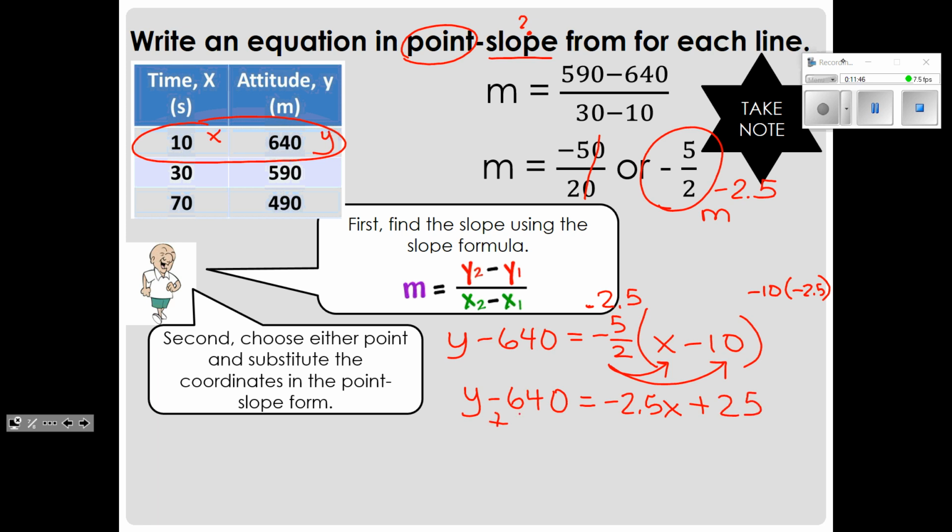Then we add 640 on both sides. And when you do that, you get y equals negative 2.5x plus 665. There it is in slope-intercept form.